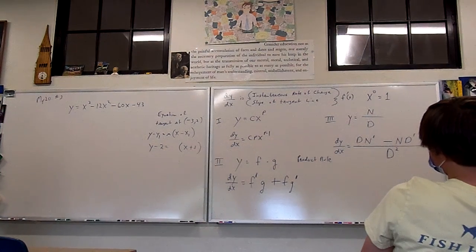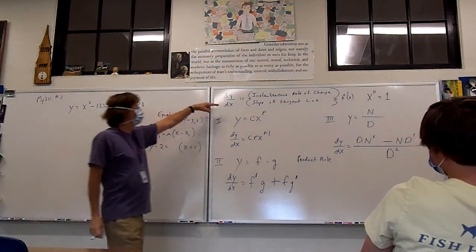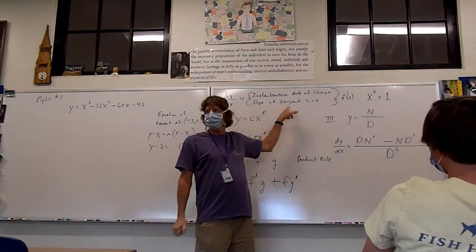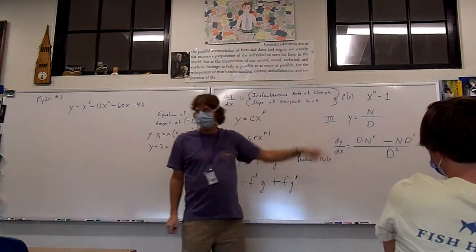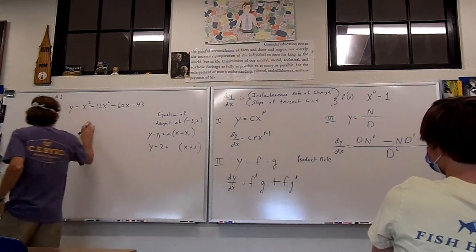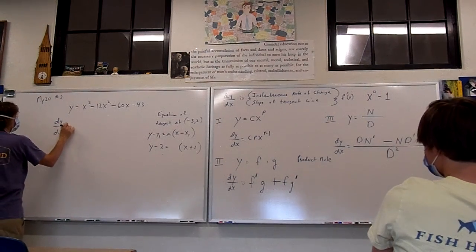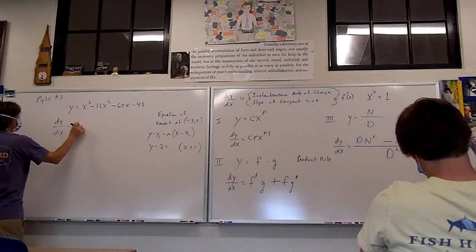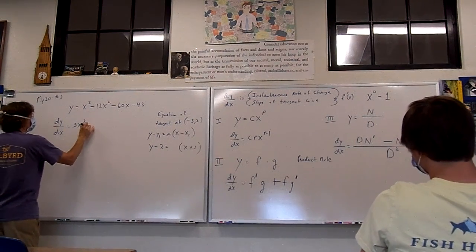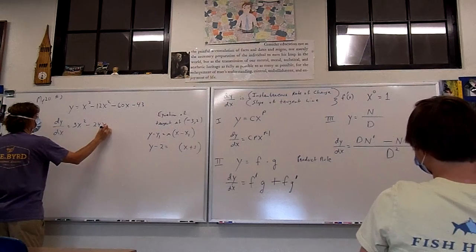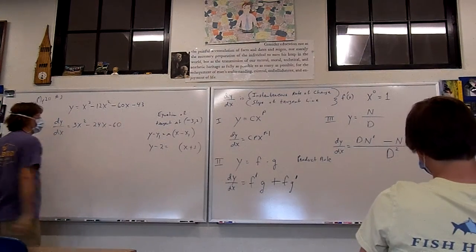And remember, this little trick, dy over dx, tells us the what? Slope of the tangent line. So what we're going to do is we're going to do dy over dx equals 3x squared minus 24x minus 60.